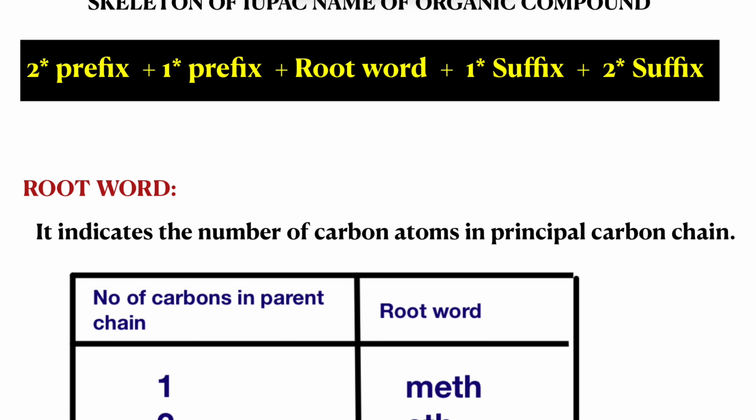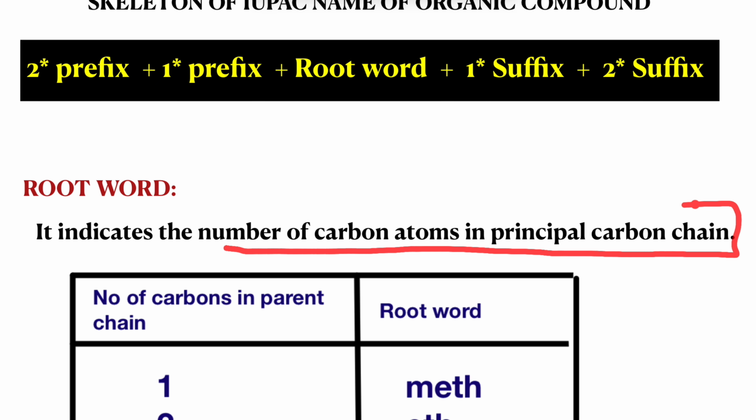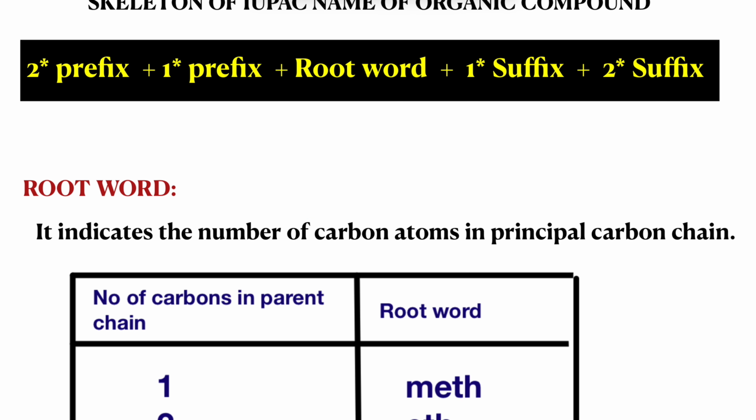Root word indicates the number of carbon atoms in the principal carbon chain. Before naming, we have to select the longest carbon chain. In that longest carbon chain, how many carbon atoms are present? In order to indicate that particular number, we use a root word.